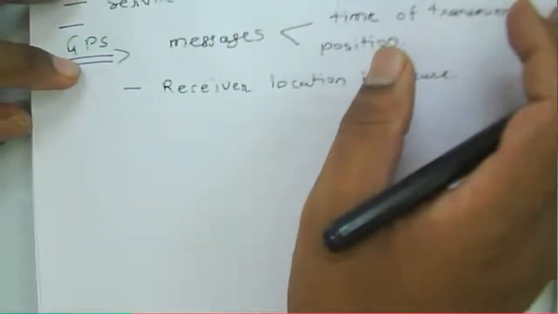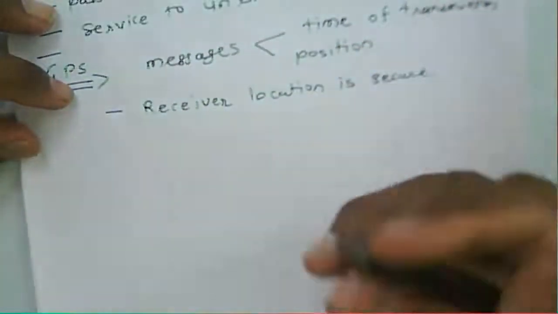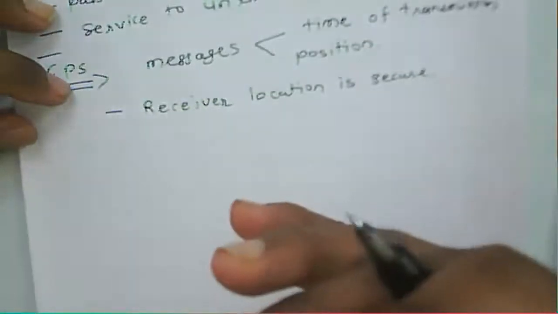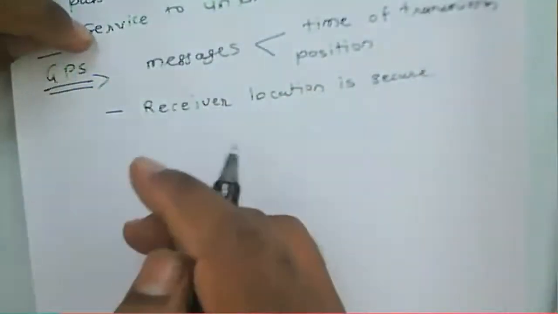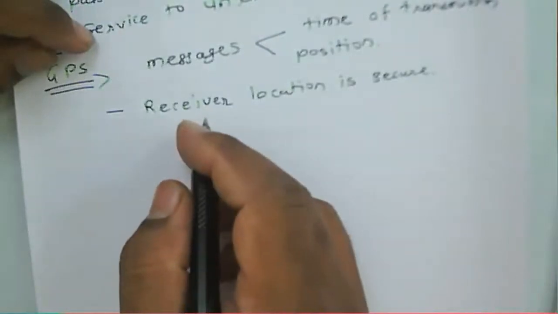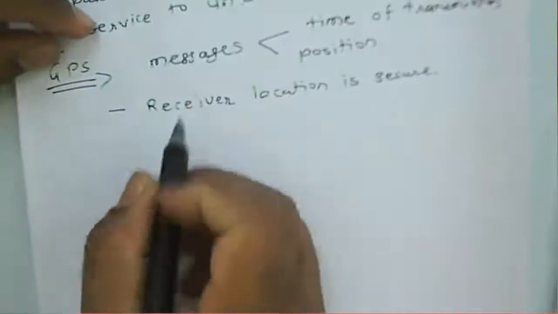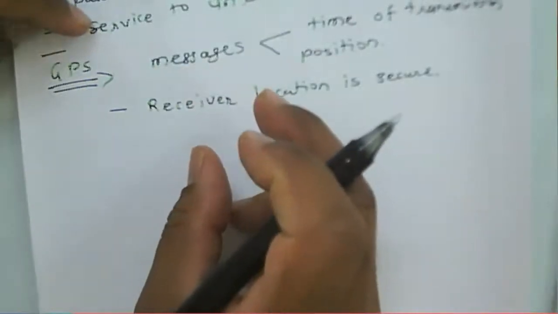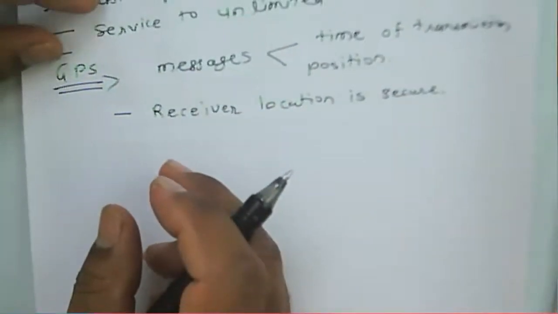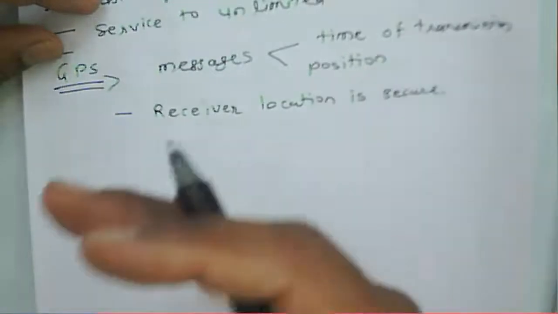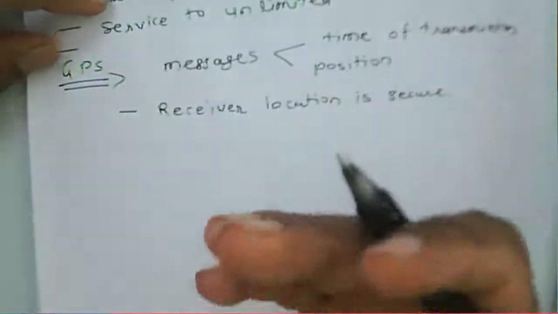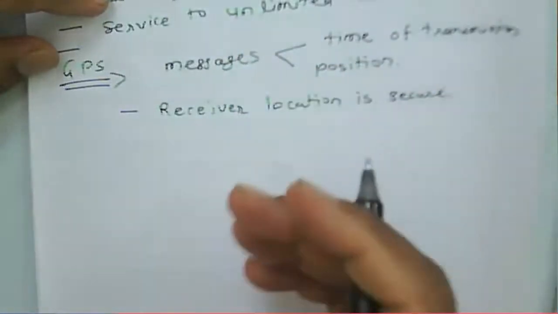That particular user needs to be able to receive the signal from the minimum number of satellites required for the accuracy. So we say that the GPS system is highly reliable.